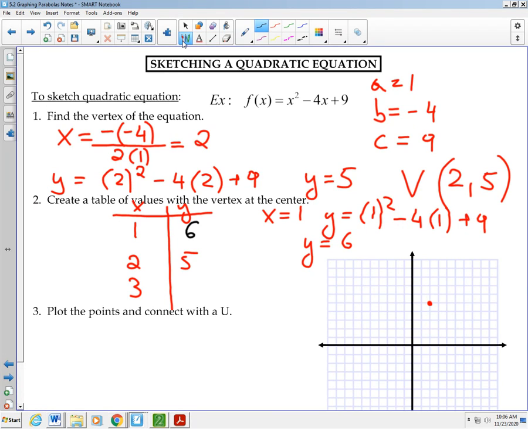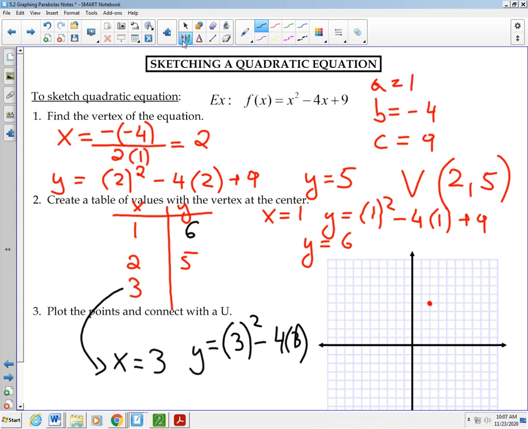I will do this one over here. When x is equal to 3, I will get y equals 3 squared minus 4 times 3 plus 9. 3 squared is 9. 4 times 3 is negative 12.